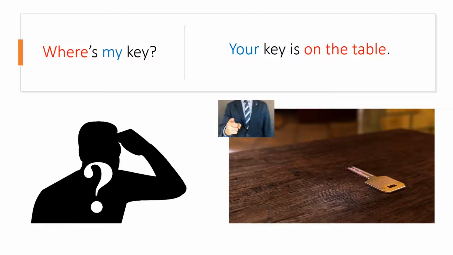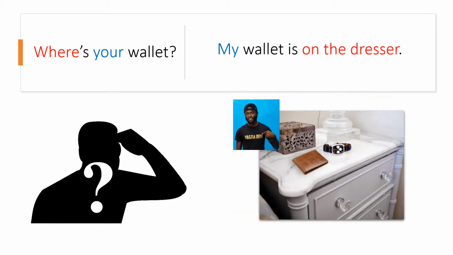Where's my key? Your key is on the table. Where's your wallet? My wallet is on the dresser.